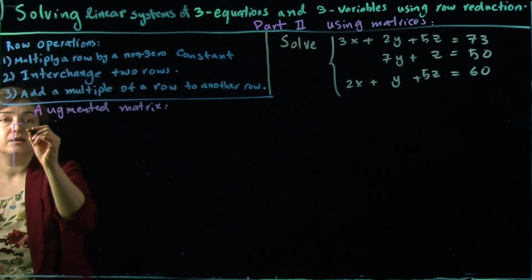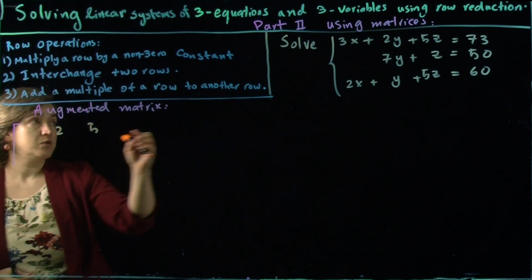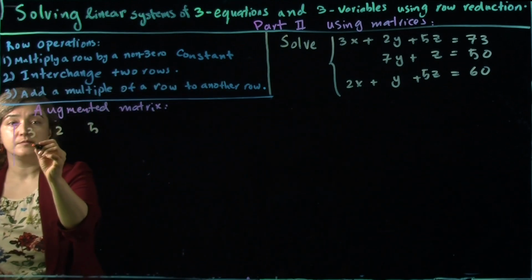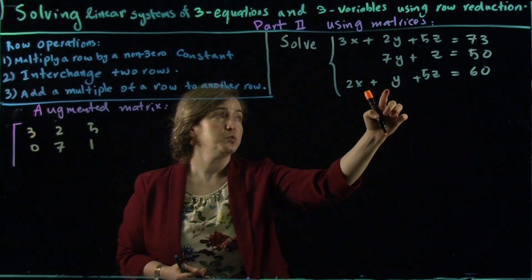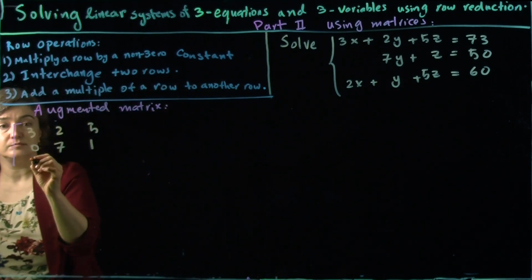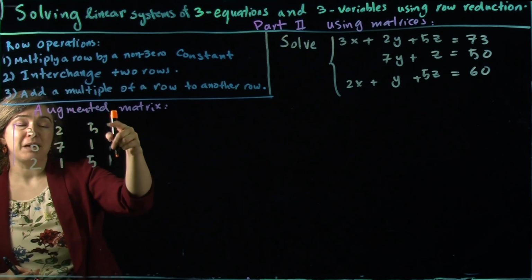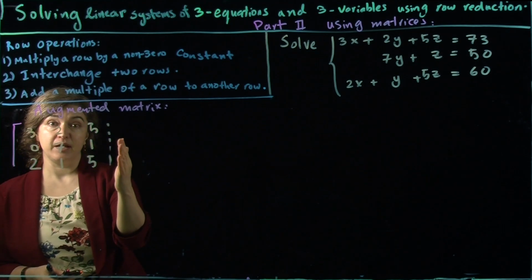So I write 3, 2, 5. Then the second row, 0, 7, 1. The third row, 2, 1, 5. Then I put this imaginary line that is just for bookkeeping for me.